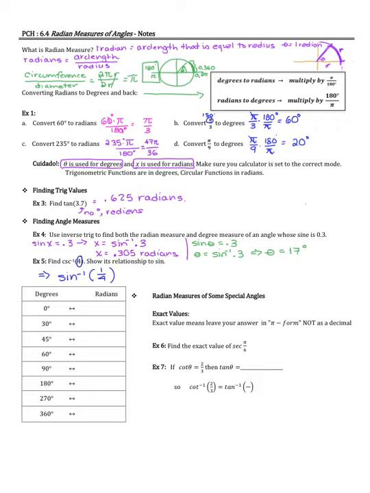Again, I'm going to assume we are in radian mode, so I go back to radian mode and go second sine of 1/4, 1 divided by 4, or 0.25. Look at that, it's 0.253. Okay, so that's what it is.